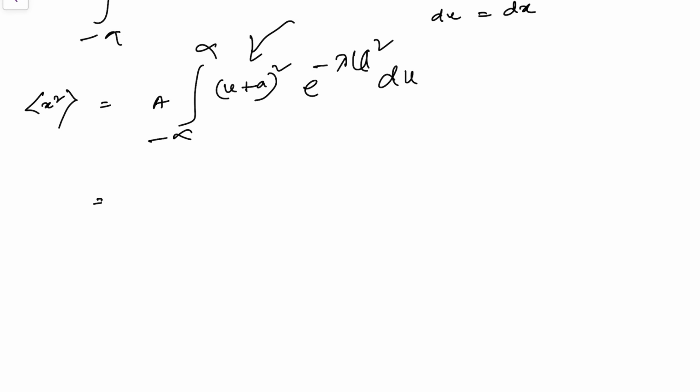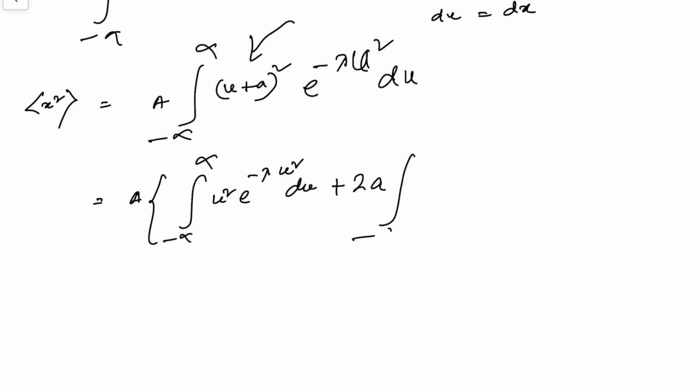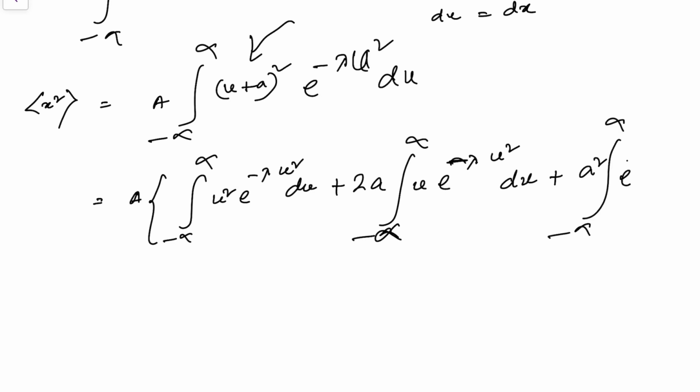If you expand this, after simplification, you will get a times curly bracket: the integral from minus infinity to plus infinity of u square e to the power minus lambda u square du, then plus twice a times the integral from minus to plus infinity of u into e to the power minus lambda u square du, then plus a square times the integral from minus to plus infinity of e to the power minus lambda u square du.